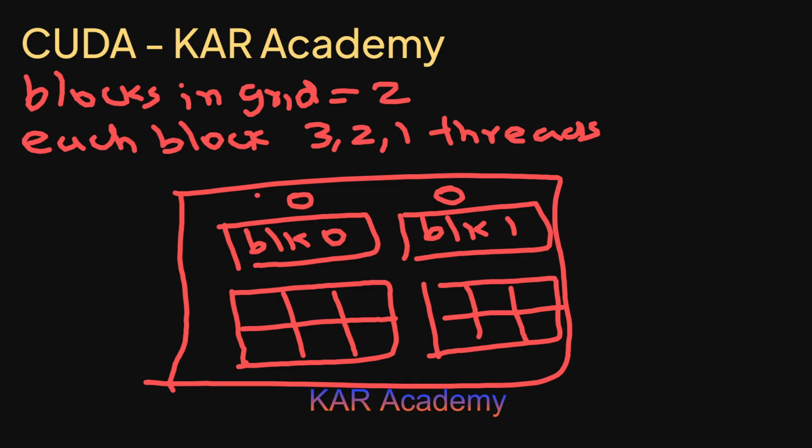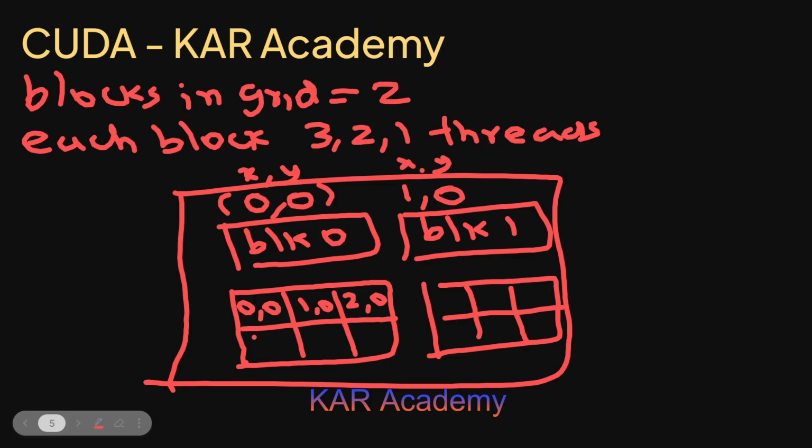Okay, the block index x looks like this: 0 comma 0 and 1 comma 0. This is basically x comma y, not y comma x. Here you have 0 comma 0, 1 comma 0, 2 comma 0, and 0 comma 1, 1 comma 1 and 2 comma 1.